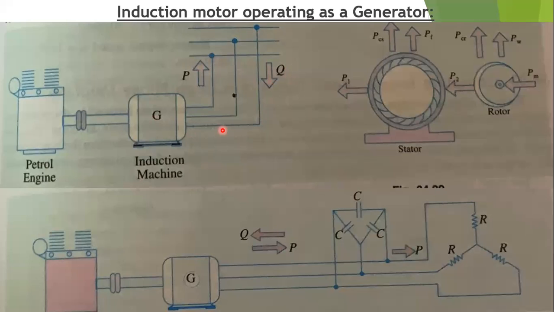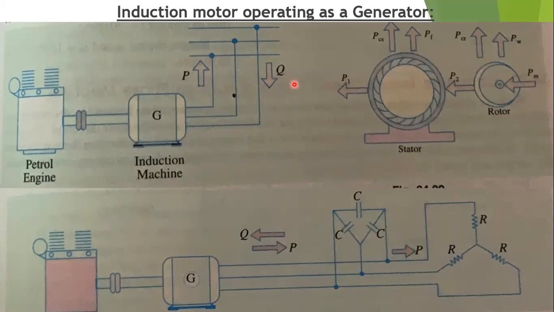Did you understand the difference between P and Q? P is active power given from the induction machine. It converts the mechanical energy to electrical energy, and that electrical energy is given to the three-phase lines. This Q is for producing the flux in the induction machine; it draws some power from the three-phase lines.